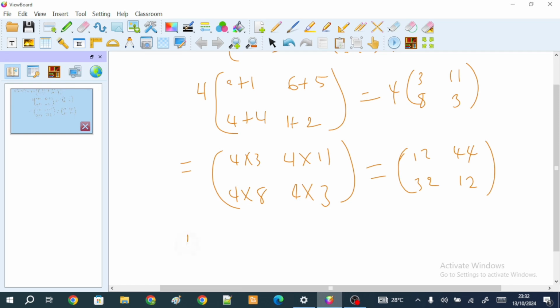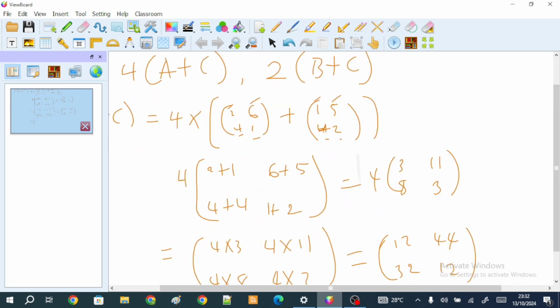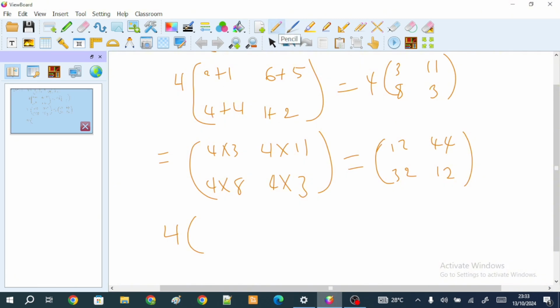So 4 in brackets A plus C is equal to 12, 44, 32 and 12. So this is the matrix we get after adding A plus C and multiplying the result by 4.